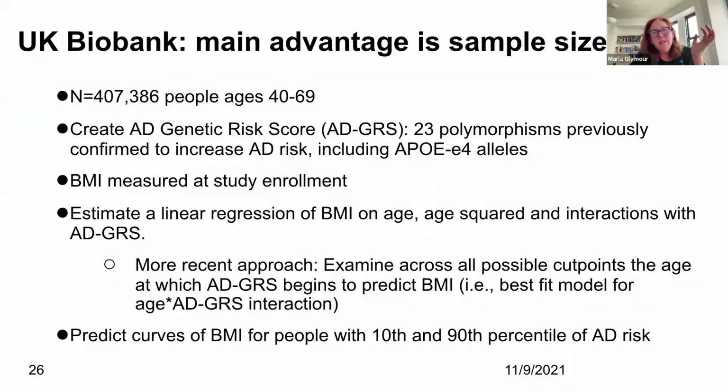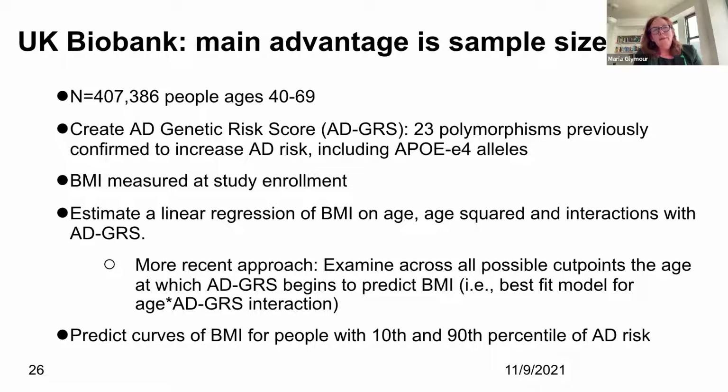And then what we did here originally, and we've since improved our approach, was estimate a linear regression of BMI on age and age squared, because that's actually the functional form of how BMI changes as people get older. They first gain weight, they peak, and then begin to lose weight. That's what you see if you plot the age pattern of body mass index. And then we specified an interaction with the genetic risk score.